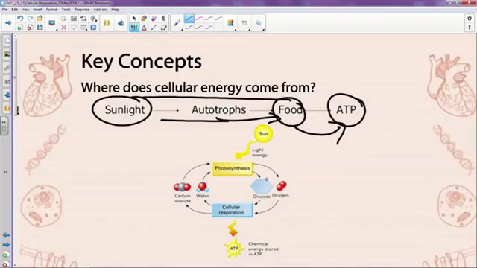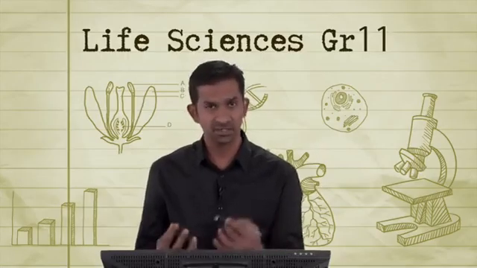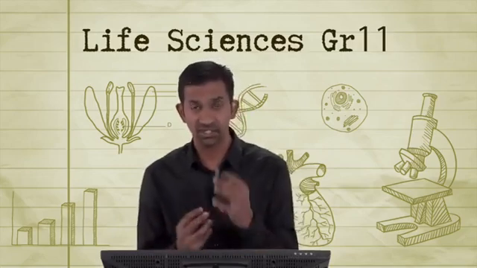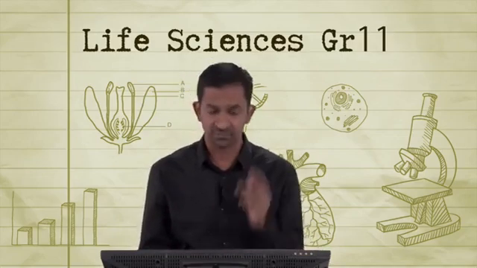So essentially what we're looking at is the process and the interdependence of photosynthesis and respiration, in terms of what is produced by photosynthesis that is used in respiration, and what is produced in respiration that could be used to support photosynthesis. That's quite an interesting association that we need to unpack as we get through the topic. Another very important structure that we need to look at in our key concepts is the structure of the mitochondria.